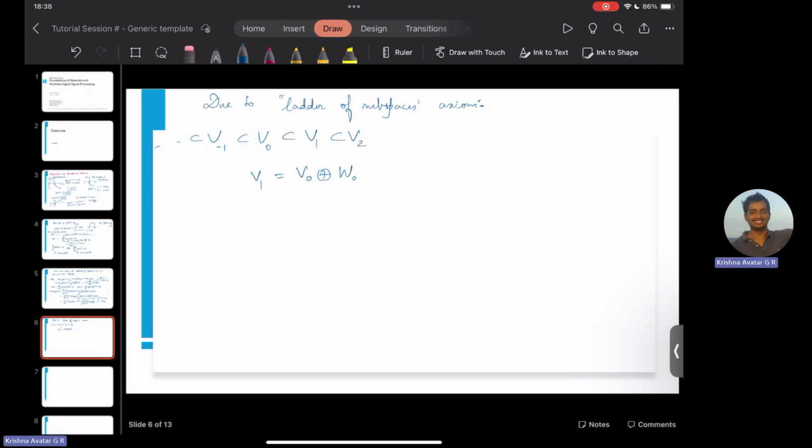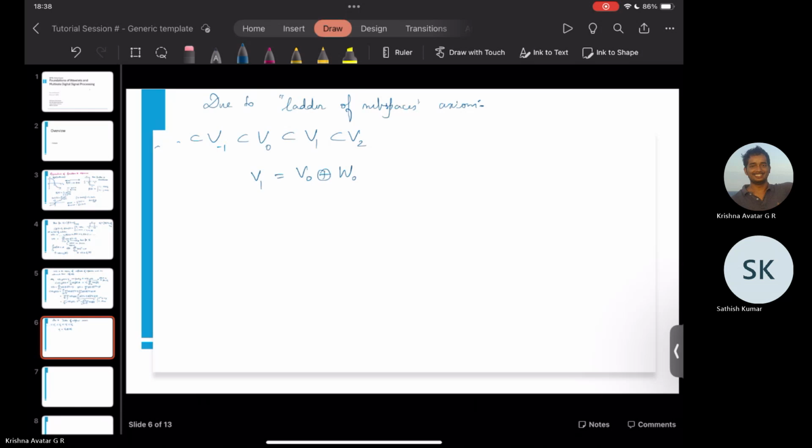From the ladder of subspaces, we know that V naught is a subspace of V1. However, we require some additional set of basis functions, an additional space, which when added with V naught gives us the complete space V1. This is what we call W naught.